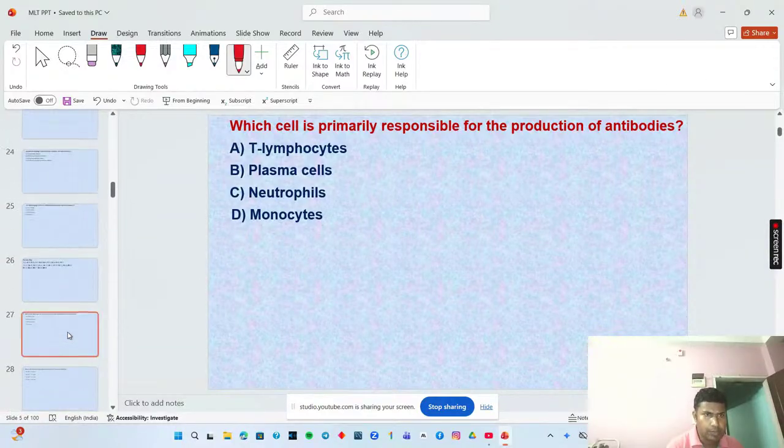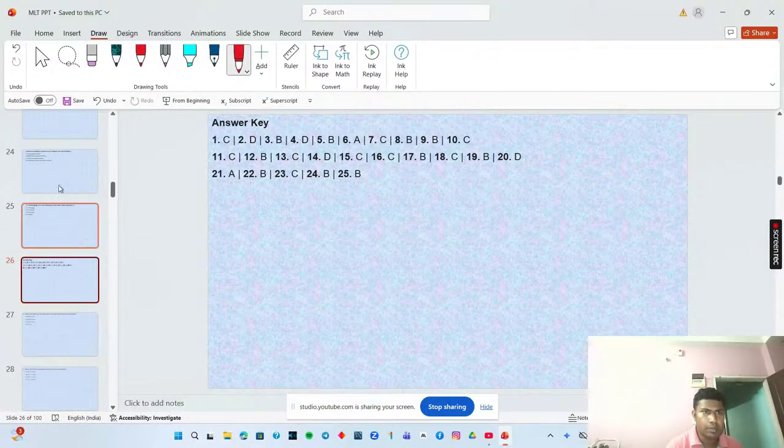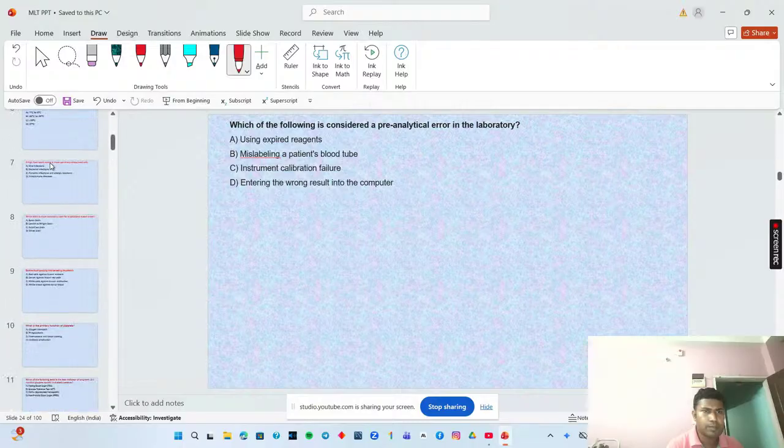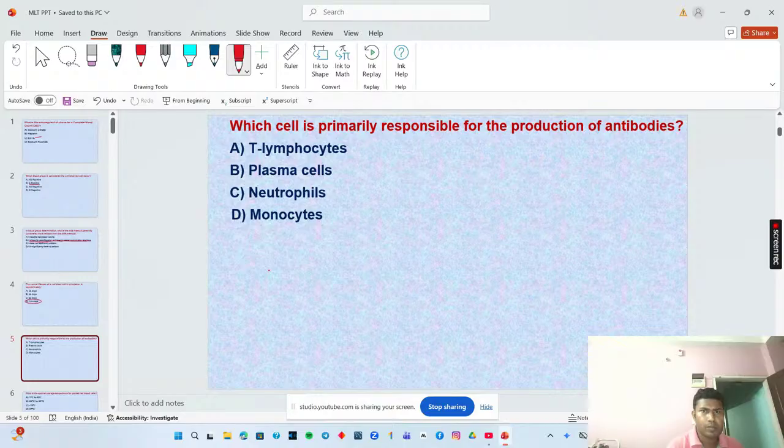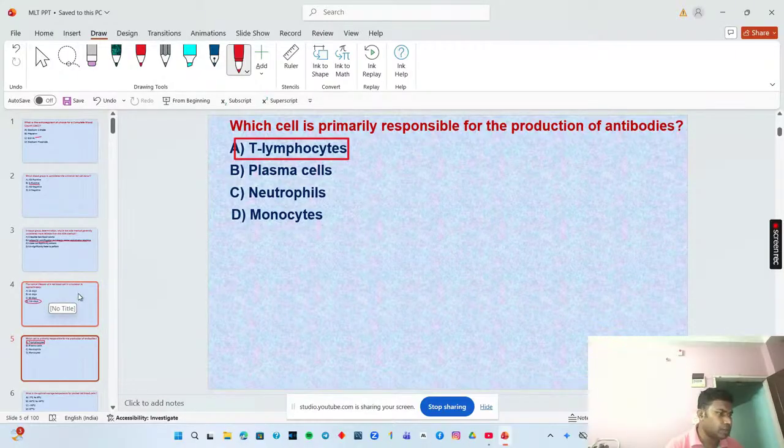Which cell is responsible for production of antibodies? It will be lymphocyte. The answer of this question will be lymphocyte.